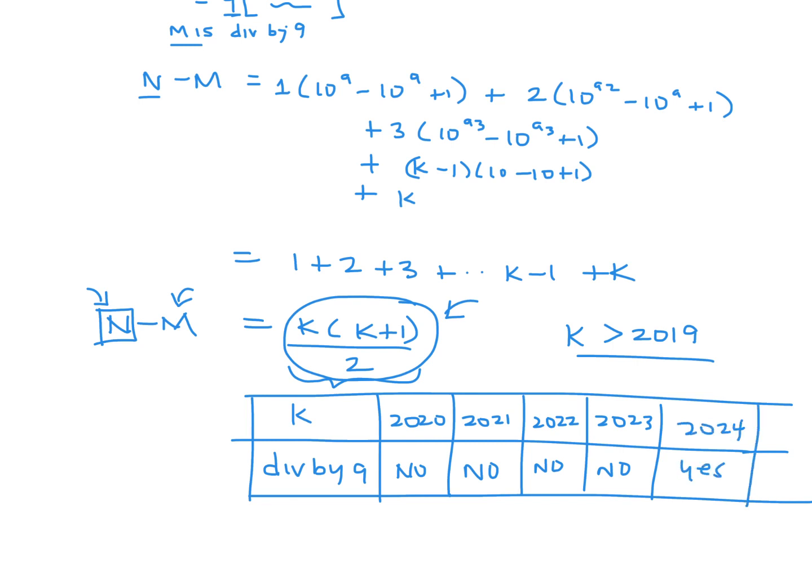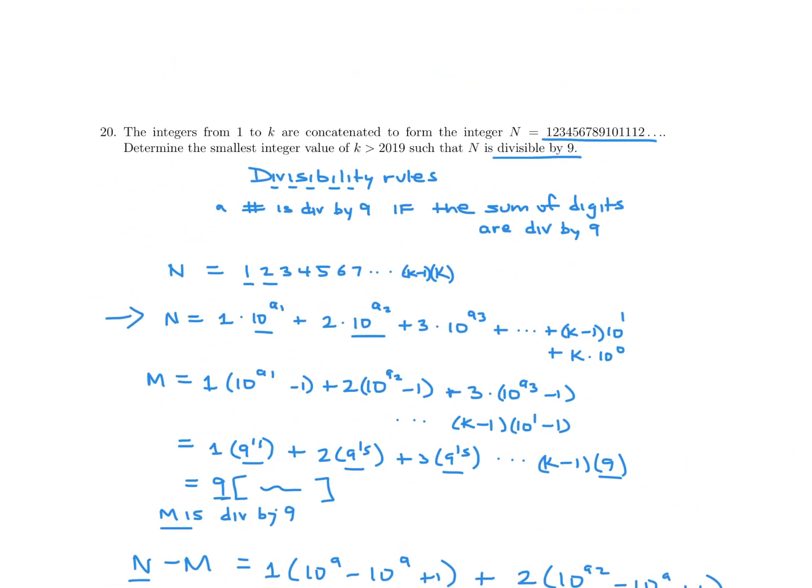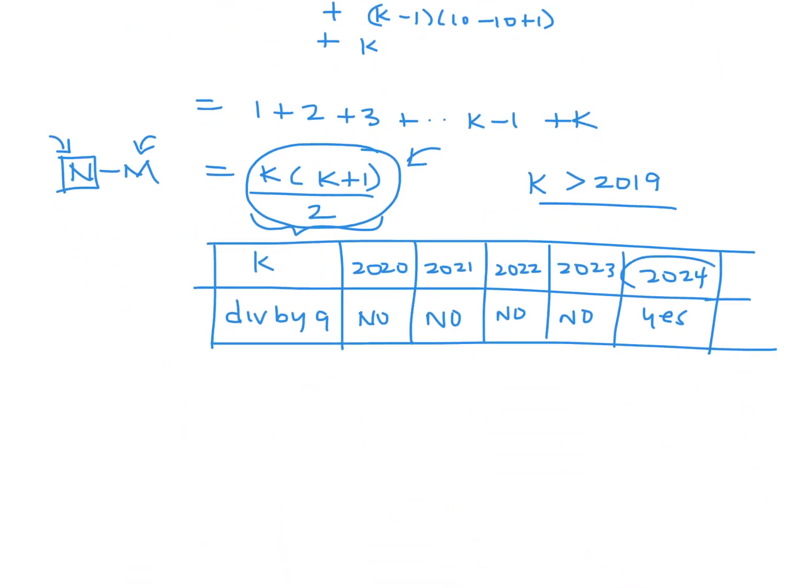So that's the minimum, because they wanted the smallest. We can stop at 2024. We don't need to go further, because that's the smallest number that makes this expression divisible by 9, and therefore that proves that n would be divisible by 9.